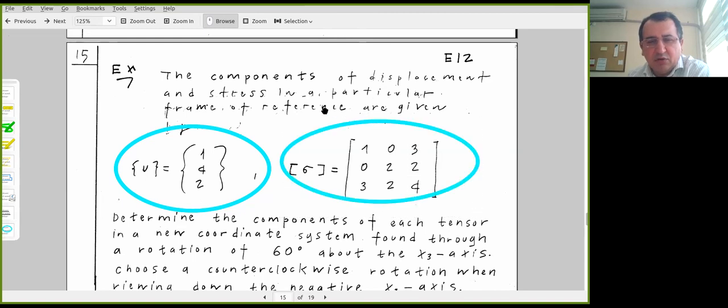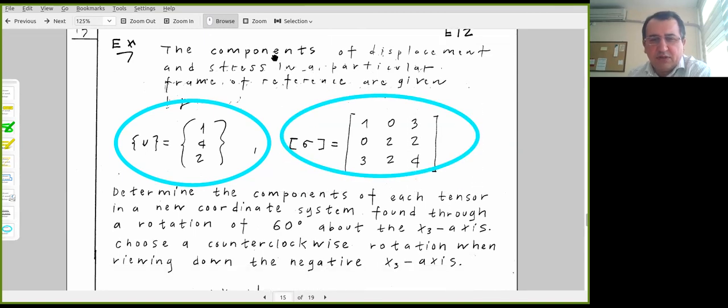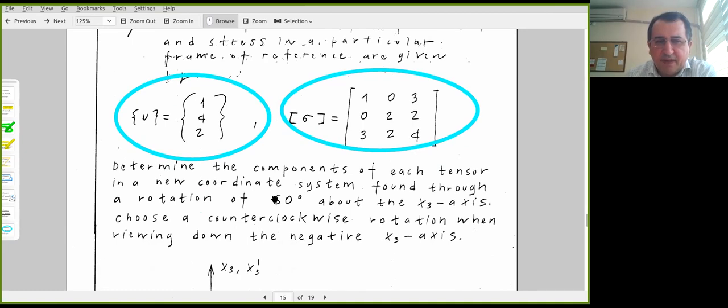Now I'm going to compute these components in a different coordinate system. That's the original coordinate system, and this new coordinate system is defined here. The new coordinate system is found by a rotation of 60 degrees about the x3 axis.